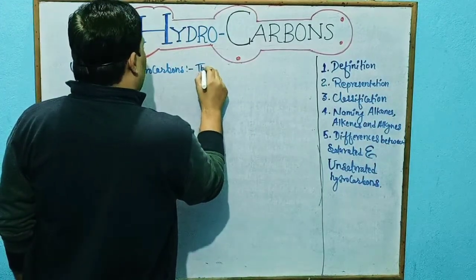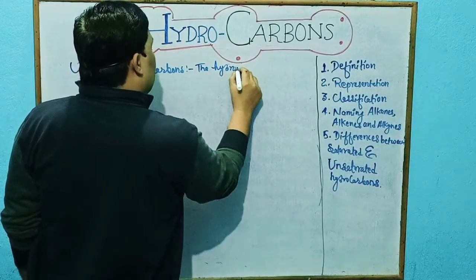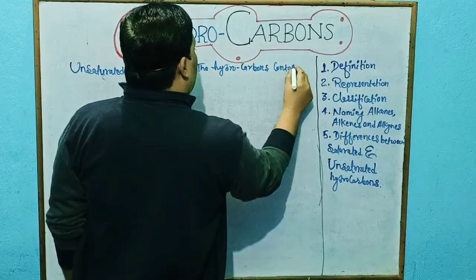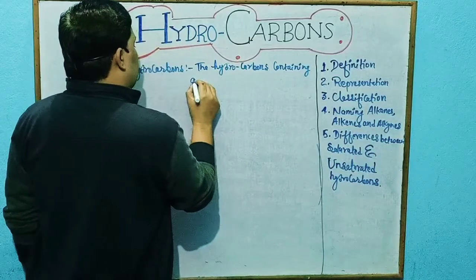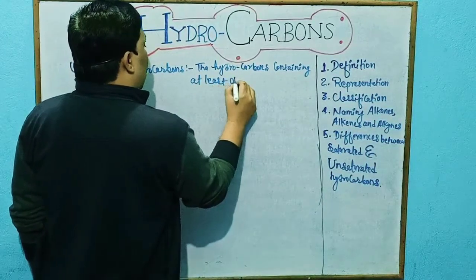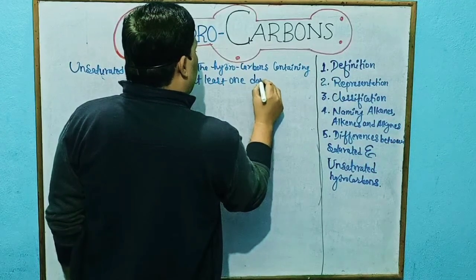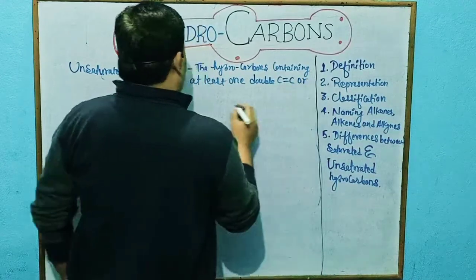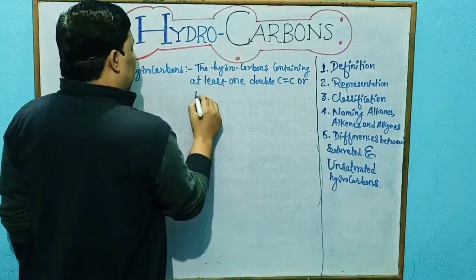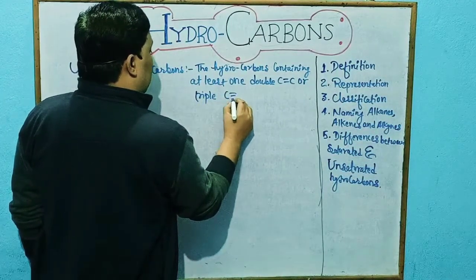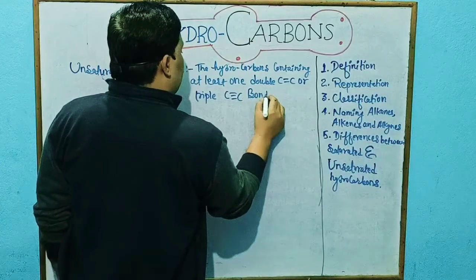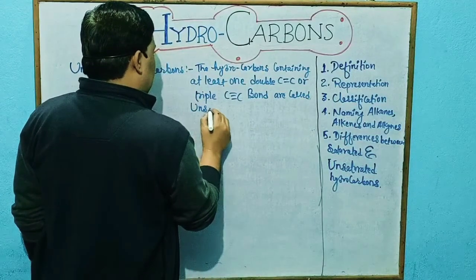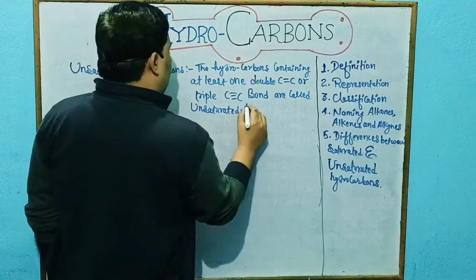These are the hydrocarbons containing at least one double C-C or triple C-C bond, and are called unsaturated hydrocarbons.